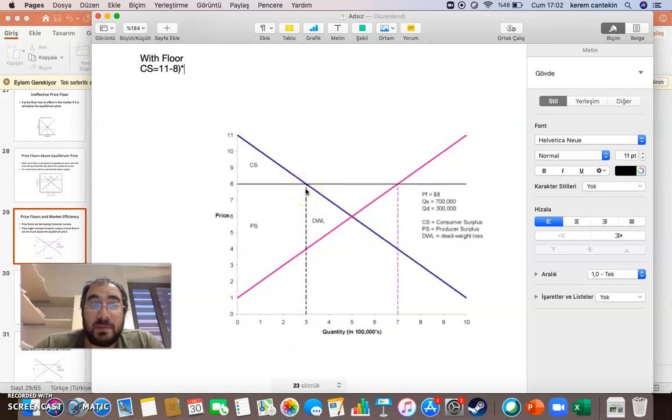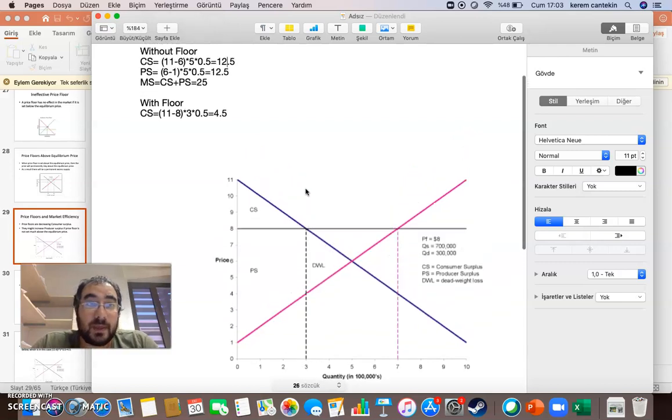People only get consumer surplus for the units they buy. They don't get any surplus for the units they don't buy. And then we multiply it with 0.5. This is 3 times 3 times 0.5, which is 1.5, I believe. No, 9 times 0.5, of course, that will be 4.5, basically. So the consumer surplus has fallen from 12.5 to 4.5. It's a drastic fall.